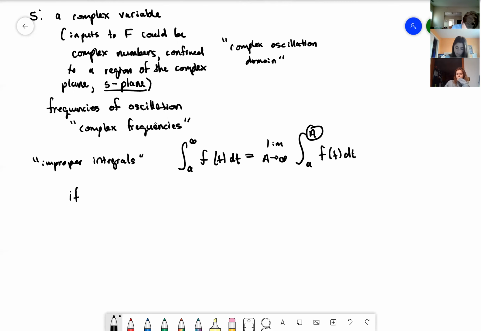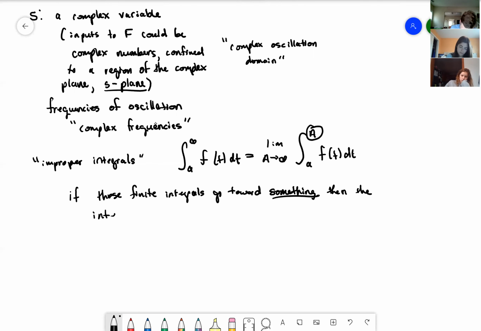So if these finite integrals go toward something, and just one thing, of course, then the integral is said to converge to that something.